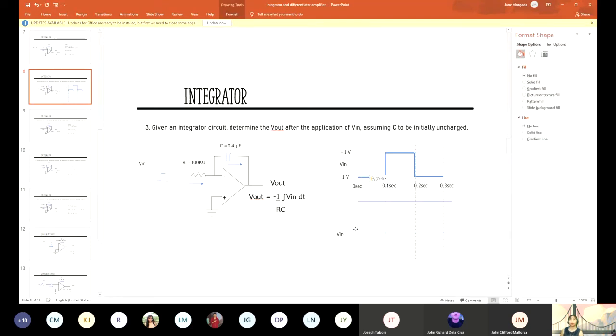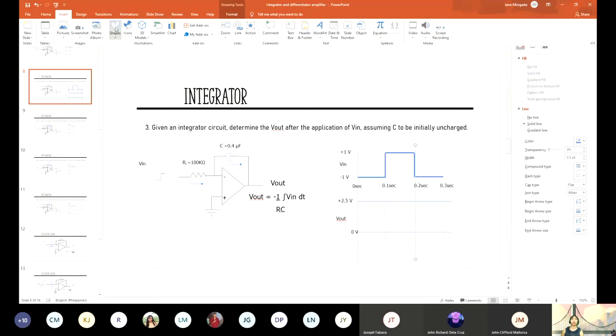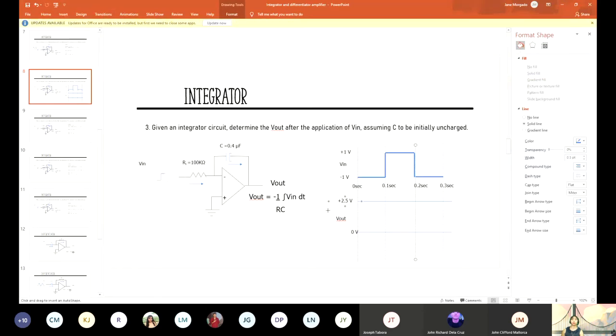We have V out. So this will be our 0 level. Again, 0 to 0.1.